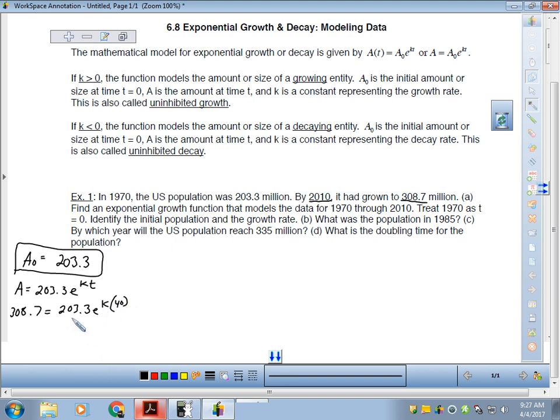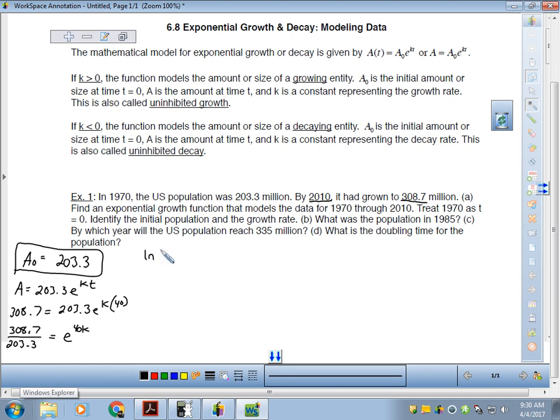So what we're going to do is divide both sides by 203.3. So we'll have 308.7 divided by 203.3 equals e to the 40k power. And to get rid of an e, we can do an ln.